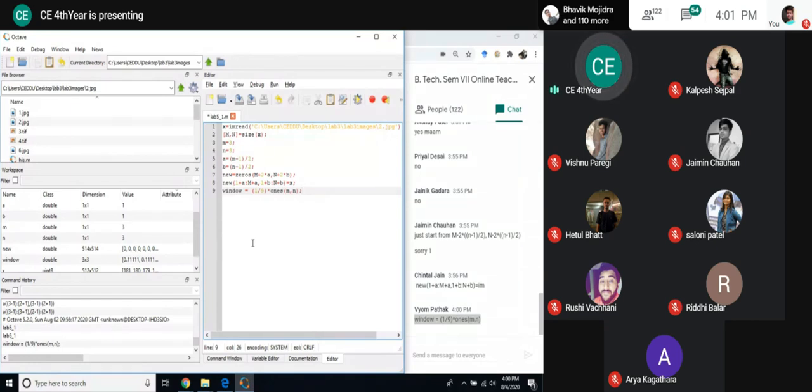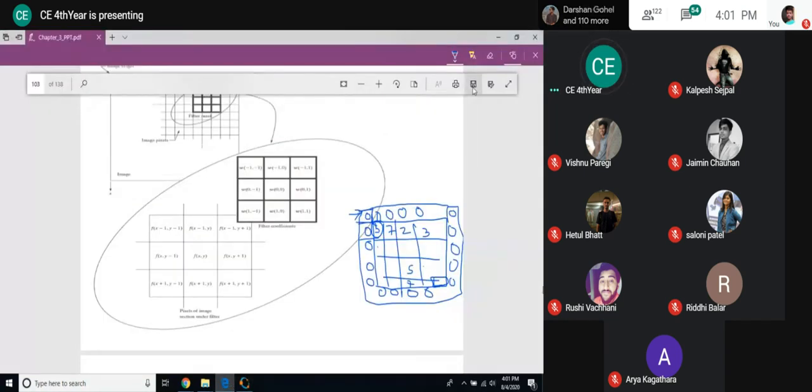Now I want to start from the first element. From which element will I start convolving? Where will I put my window, where will be the center of my window for the first element in my image? I can explain my question in a better way.